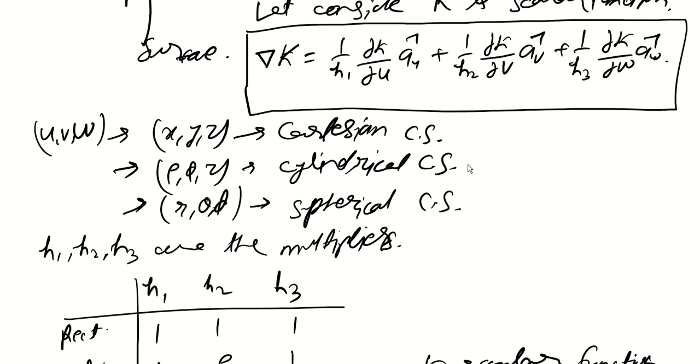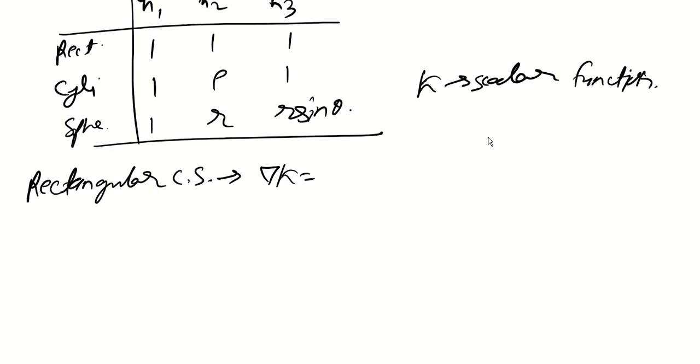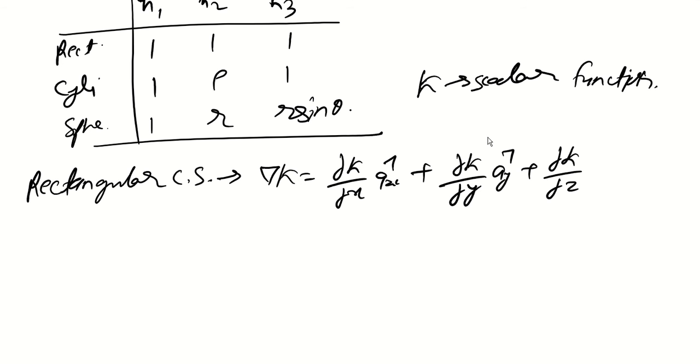Now I am going to represent this in terms of ax, ay, az, and differentiations will be with respect to x, y and z. So like that, dou k by dou x ax plus dou k by dou y ay plus dou k by dou z az. So see, now it became very easy to understand for you.